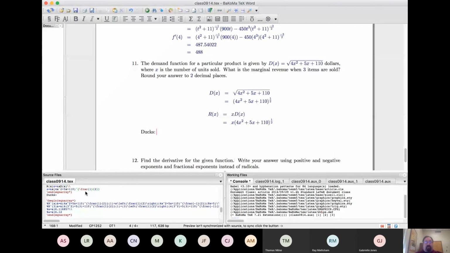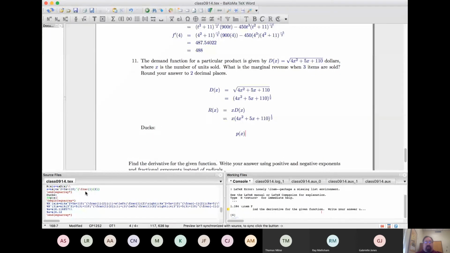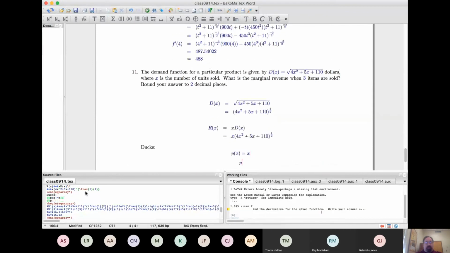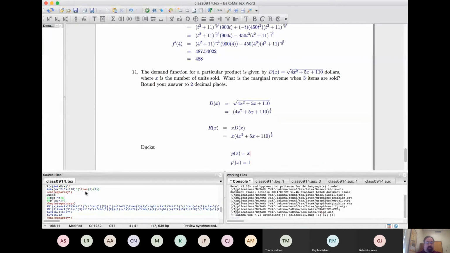So to use the product rule, P and Q will be the pieces of this product. The first piece is X, so P prime is just 1. And then the other piece will be this expression raised to the 1/2 power. So then you take a derivative of it.